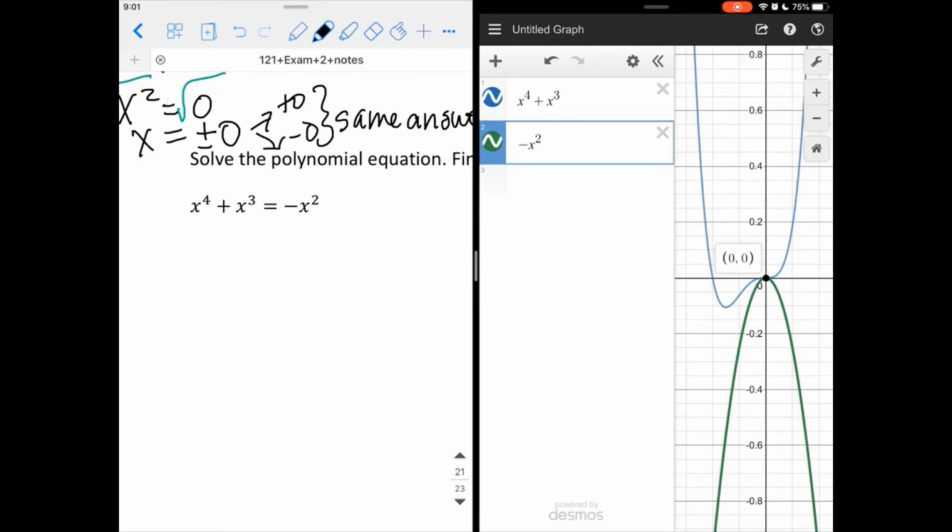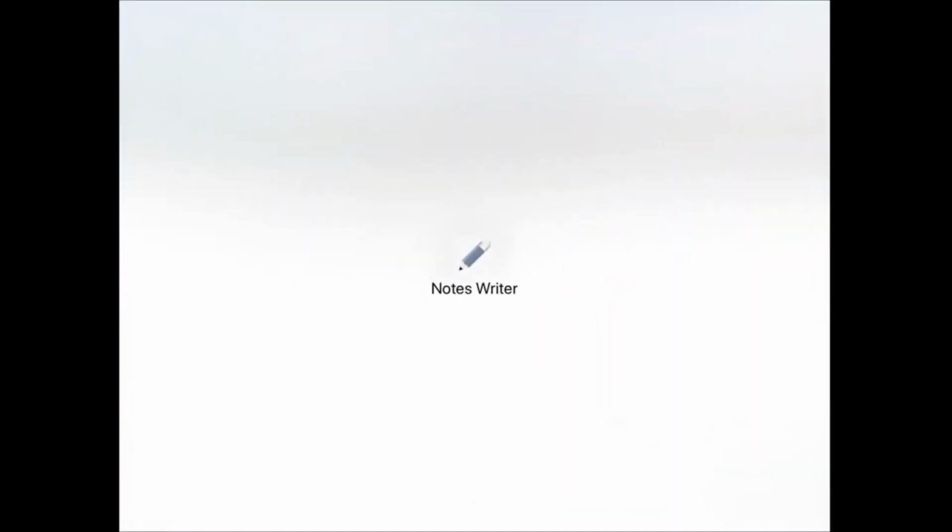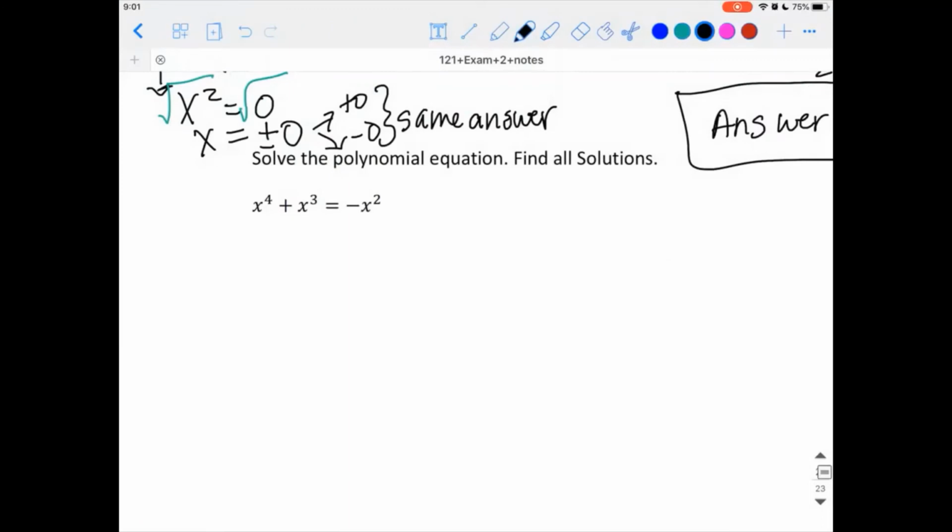All right. Let's get it algebraically. Here. So solve the polynomial equation, find all solutions. So I'm going to set the equation equal to 0.